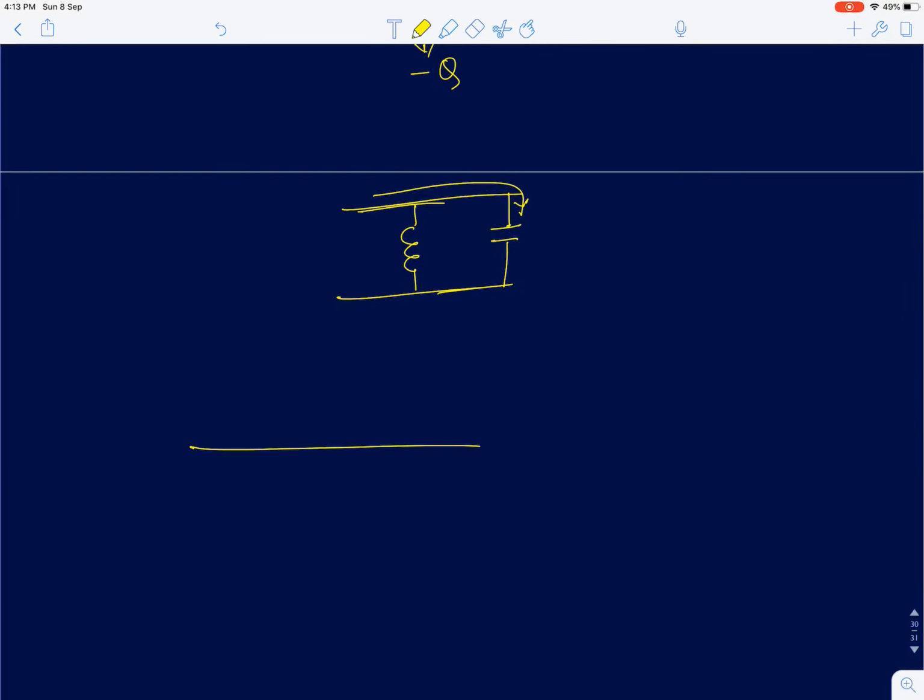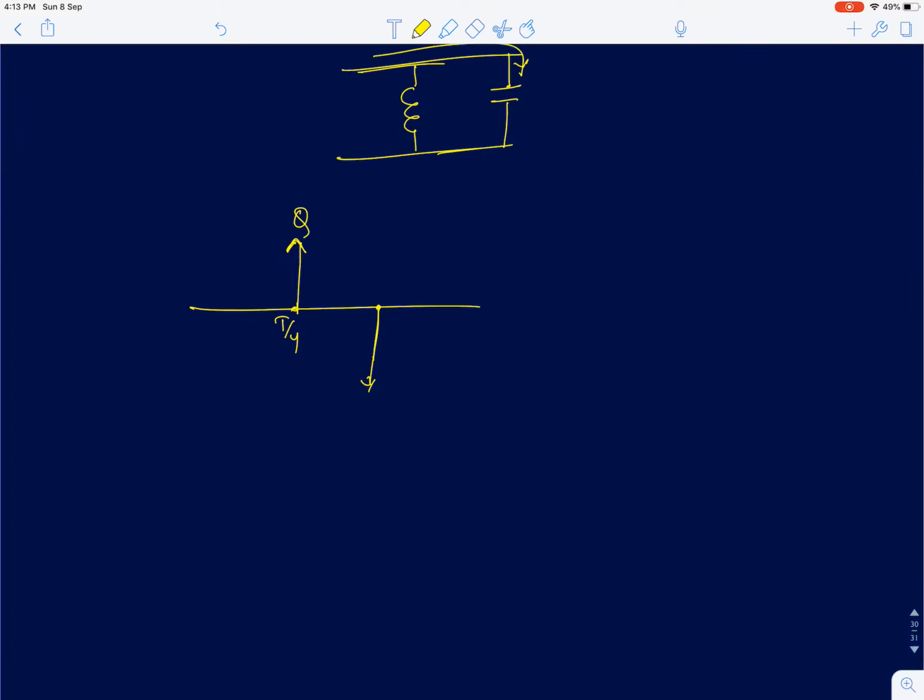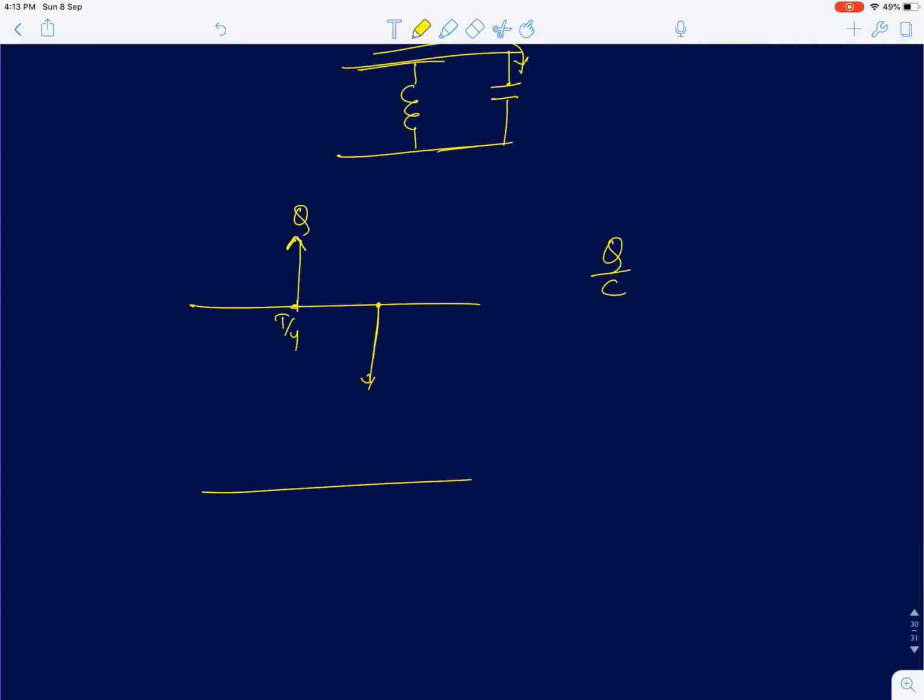So when the capacitor sees, at t equal to T by 4, a sudden change in the voltage, the voltage across the capacitor will be q upon C. So there will be a sudden jump in the voltage here, which will be q by C. We already saw this in one of the previous lectures.